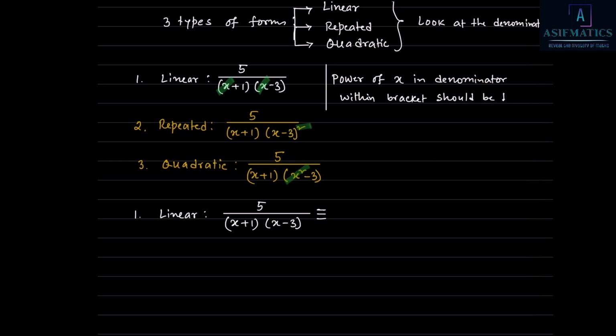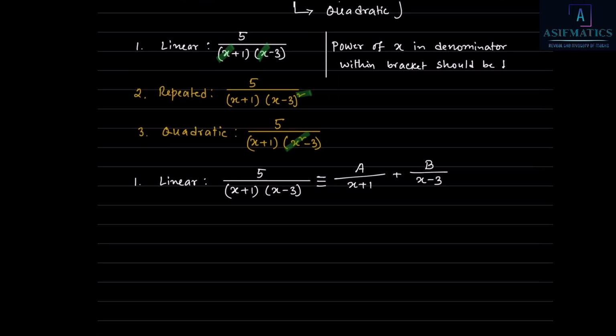So this is identical to a by x plus 1 plus b by x minus 3. This is the formula you have to write. So first you need to identify whether it is linear, repeated or quadratic. If it is linear, then you write the formula like a by x plus 1 plus b by x minus 3. That's it.